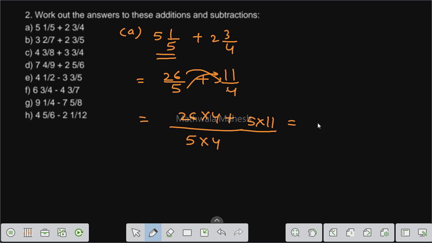So 26 into 4 plus 55 means 104 plus 55 upon 20, which is 159 upon 20. And if we have to change this to a mixed number, the answer would be 7 and 19 upon 20.